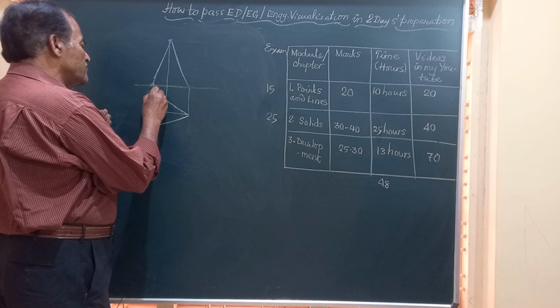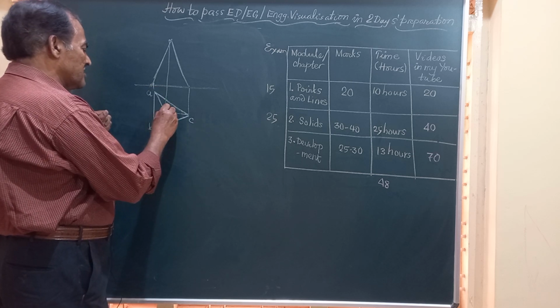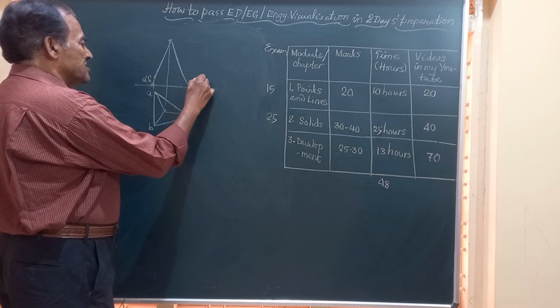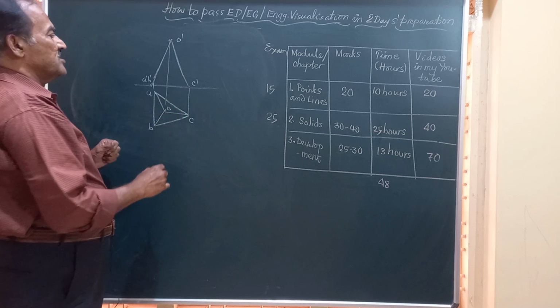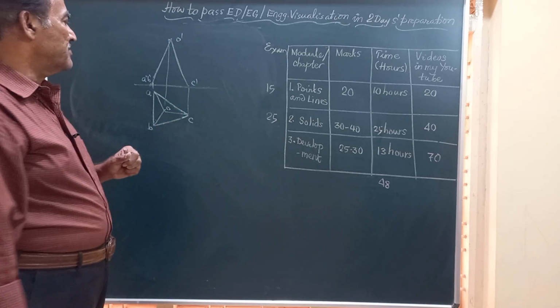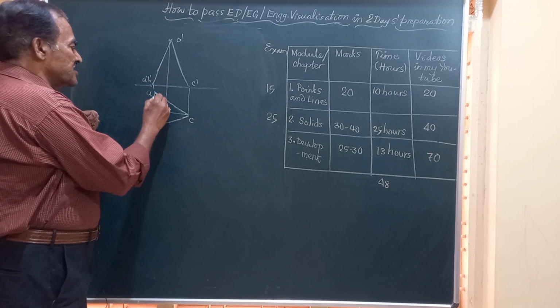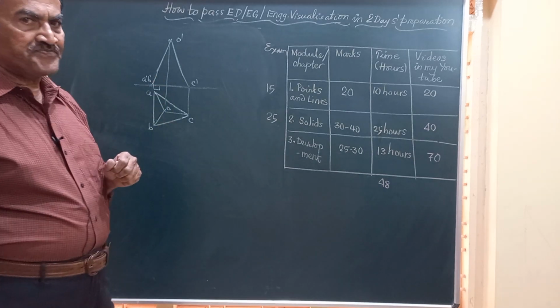And naming should be done like this because many students go wrong in naming these corners A, B, C. This is A dash, B dash, this is C dash, O dash, and this is O. This is how a triangular pyramid looks in the front view and top view when it is resting with one of the side AB normal to VP.